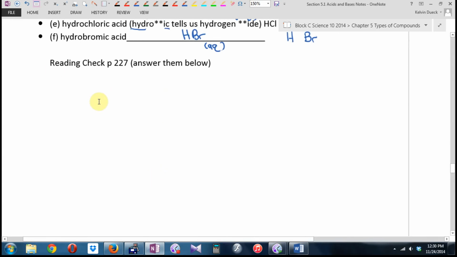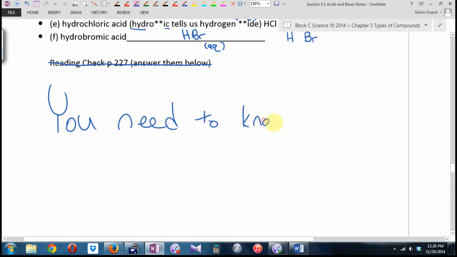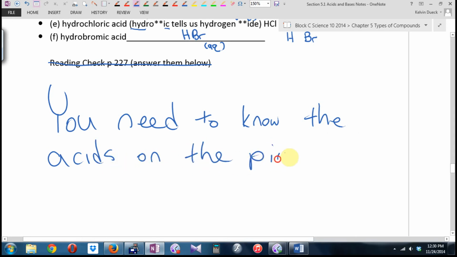Up here where it says reading check, you can cross that out, but here's what you can write. You need to know the acids on the pink sheet. You need to, Courtney, recognize those four.